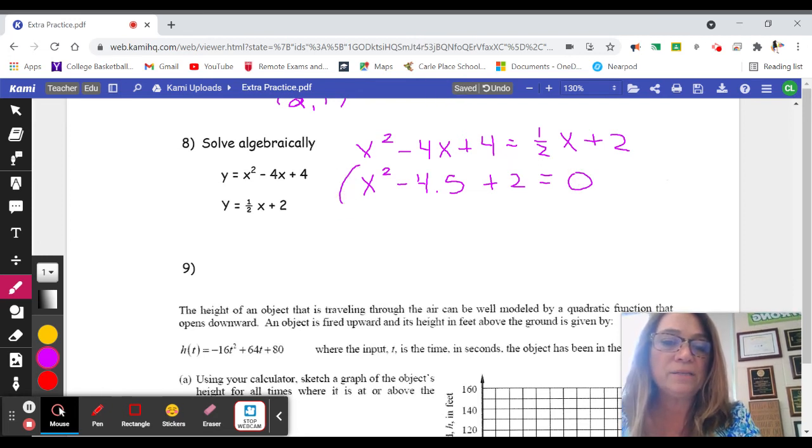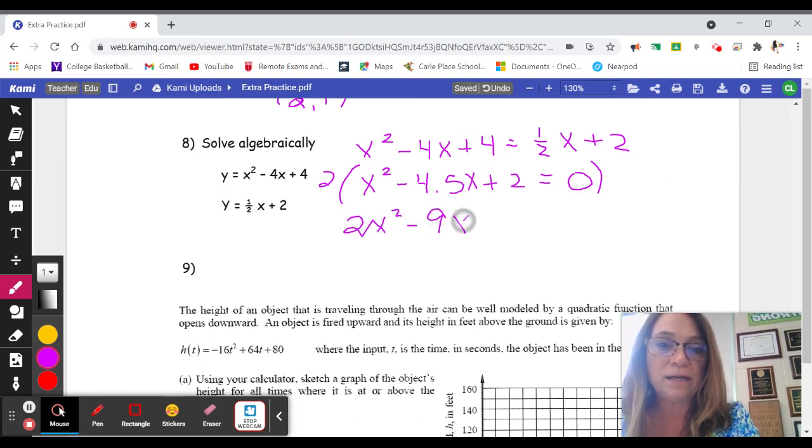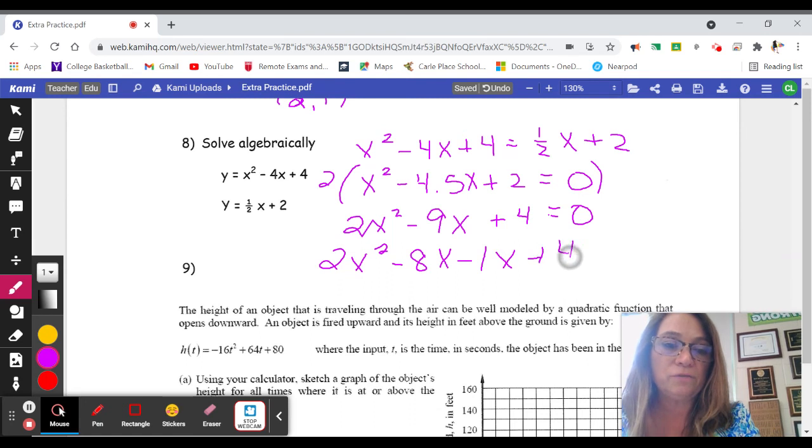I'm going to multiply everything by 2 so I don't have to deal with the fraction or decimal. And there's an x here. So that's 2x squared minus 9x plus 4 equals 0. So 2x squared minus 8x minus 1x plus 4 equals 0.